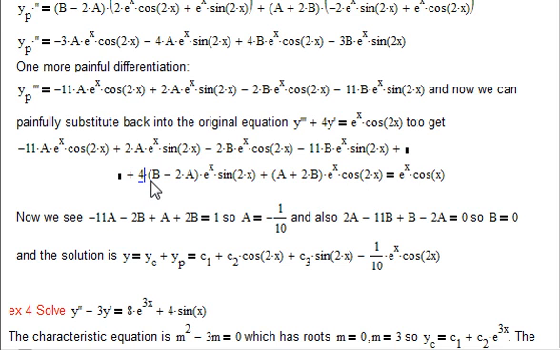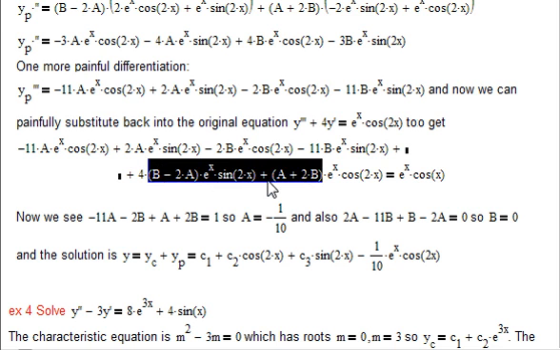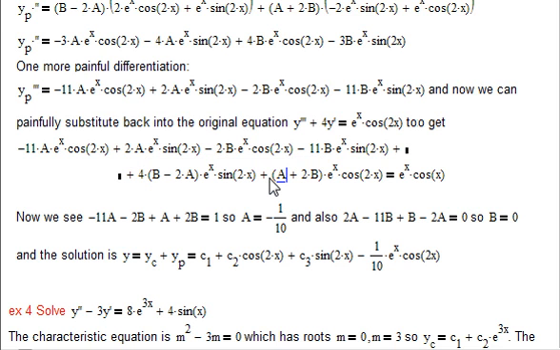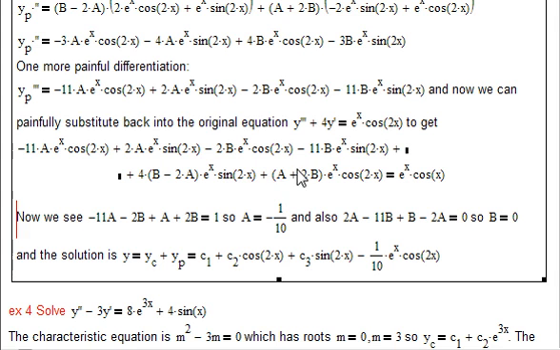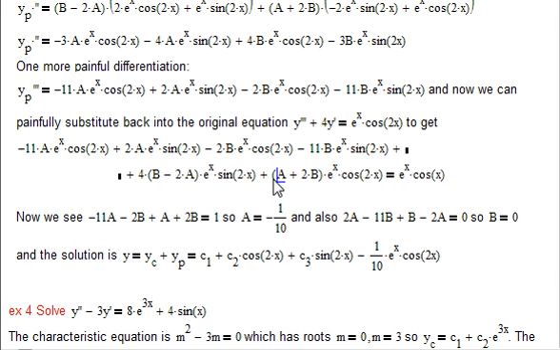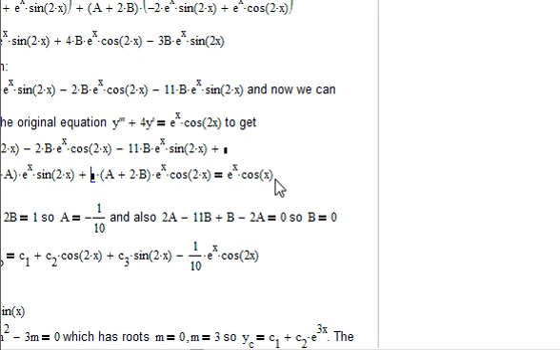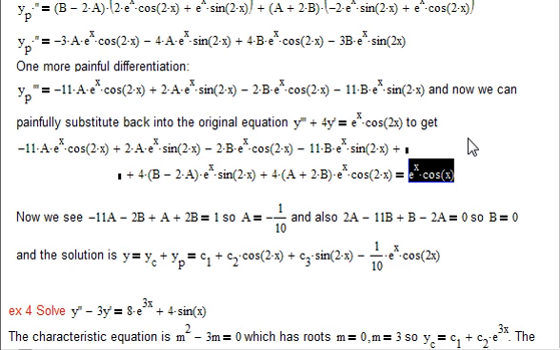Oh dear, that's not big enough. Okay, this will have to be a 4 over here also. All right, all of that is equal to e to the x cosine of x.